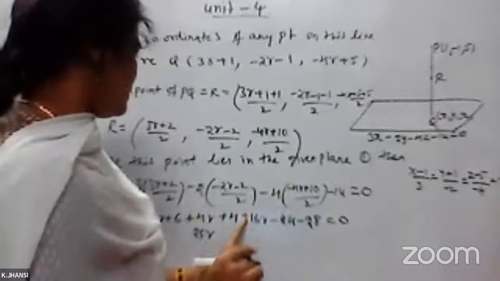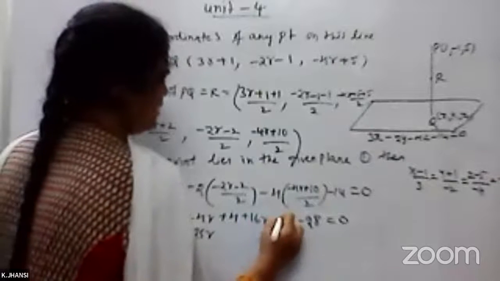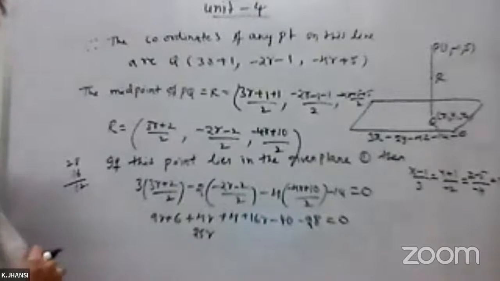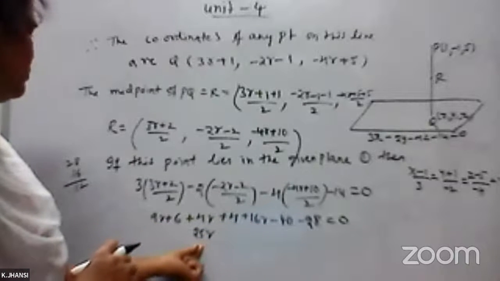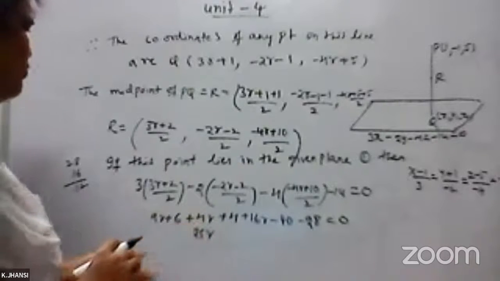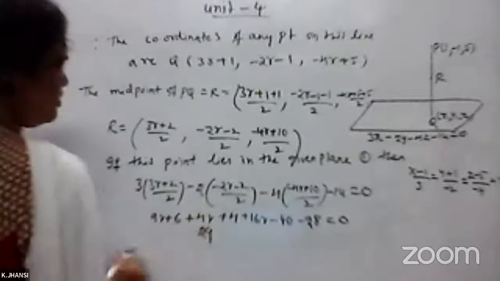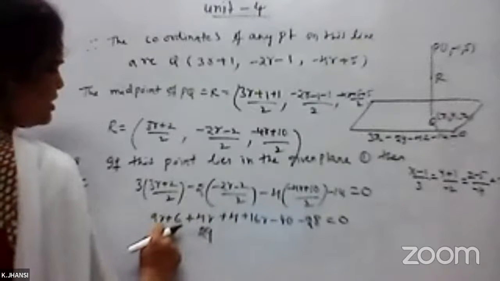So minus into minus plus 16R, minus 40 you will get. So minus 28. Then also you are not getting 9 plus 16 means 25 plus 4, 29. Okay, then 40 minus 6 means 36.